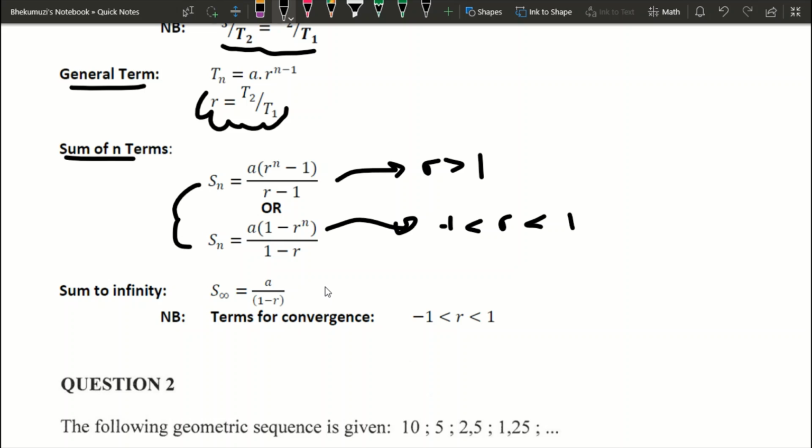So those are the two methods you could possibly use, but generally you would always know which one to use.